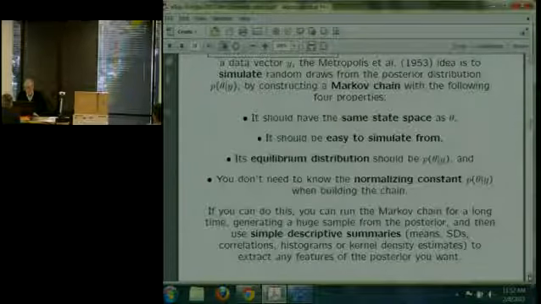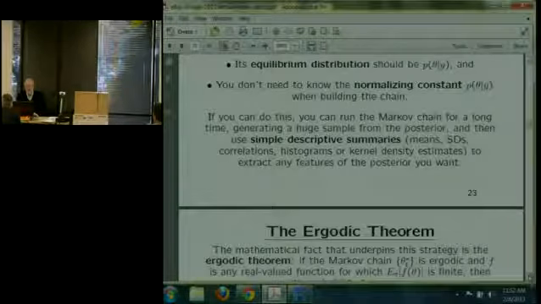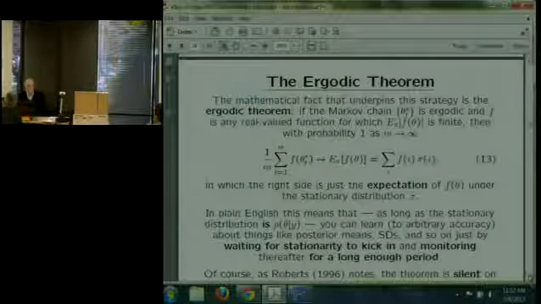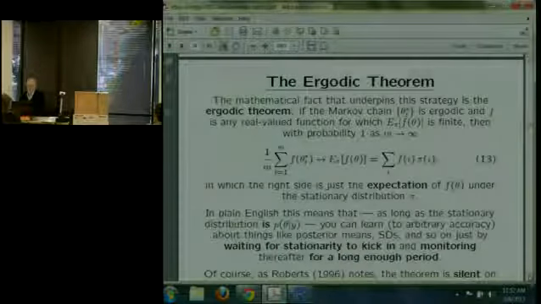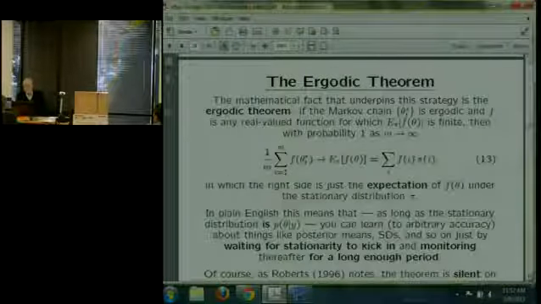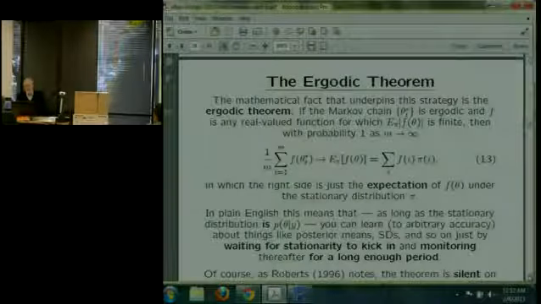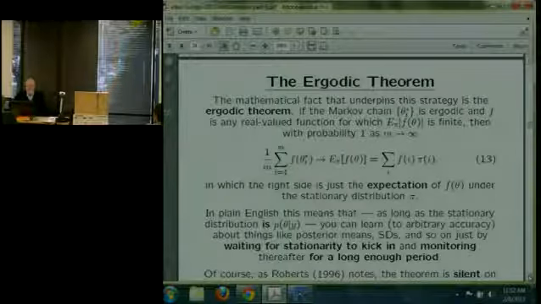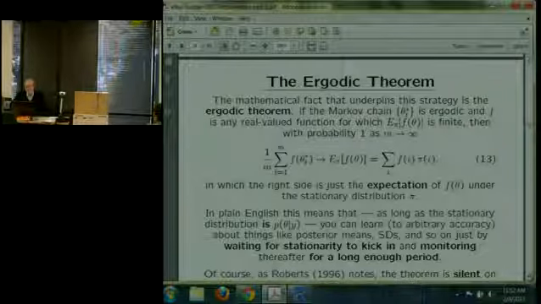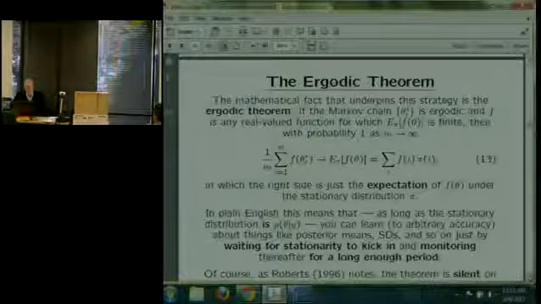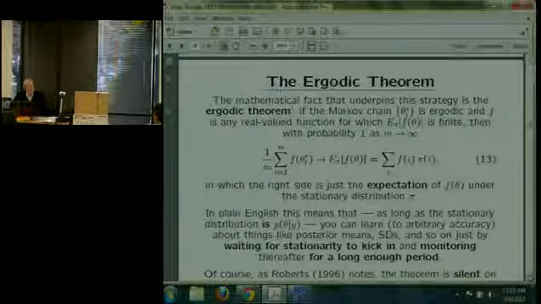Tremendously cool idea. And the mathematics that underpins this is something called the ergodic theorem, which says formally that if the Markov chain theta t star is ergodic, and little f is any real valued function for which the expectation of the absolute value of f of theta is finite, then with probability 1, as the number of monitoring iterations goes to infinity, the sample average of f evaluated at the Monte Carlo points will converge to the actual expectation of f.